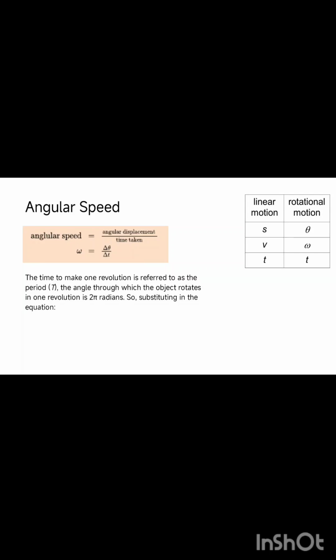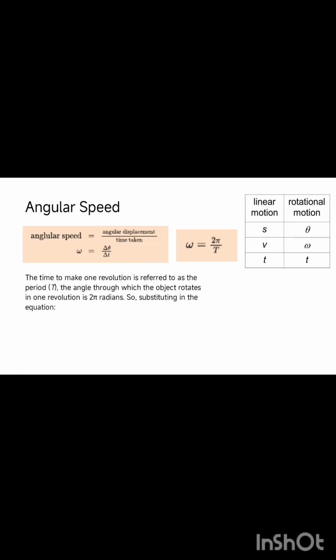The angle through which the object moves in one revolution is equal to 2 pi radians. We have learned that 360 degrees equals 2 pi radians, so a complete circle is equivalent to 360 degrees, which is equal to 2 pi radians.